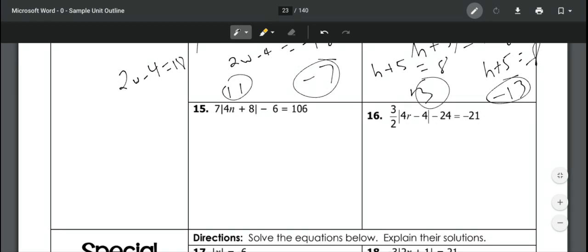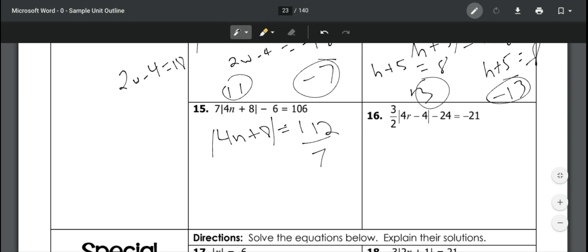15 and 16. Again, go ahead and try to pause it if you want, or you can follow along with me and then do the homework on your own. So for 15, I'm going to add 6 first and get 112. And then I'm going to bring down this because then I'm also going to divide by 7.